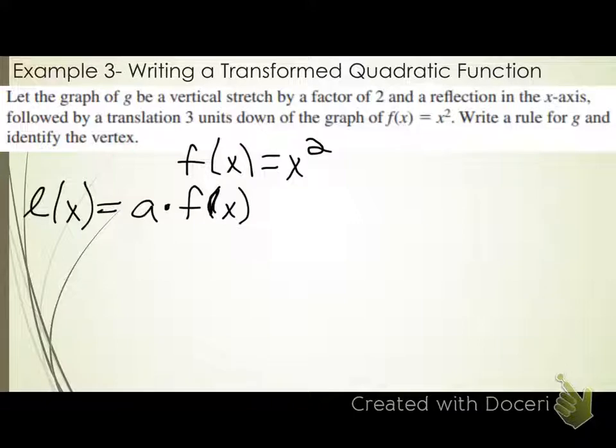What am I stretching it vertically by a factor of? What's my a value here? By a factor of 2. So that's just 2 times f of x, correct? Does everyone see that? So L of x equals, what's f of x?